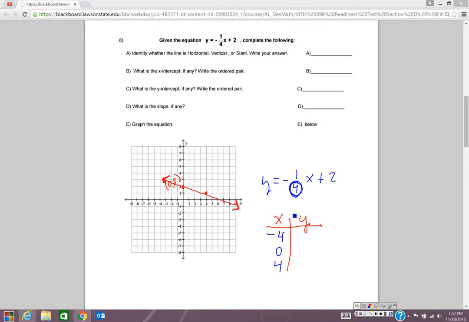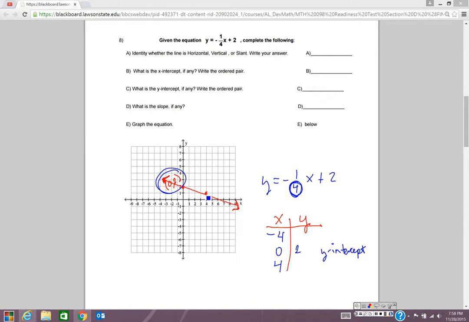And if I plug in 4 here, the 4s would cancel. So that's why I chose 4. 0 is always nice because it will eliminate this entire fraction. For example, if I plug in 0 here for x, negative 1/4 times 0 is 0 plus 2. 0 plus 2 is 2. Again, that's your y-intercept. So this is just confirmation that what we did before is correct because we see 0, 2.